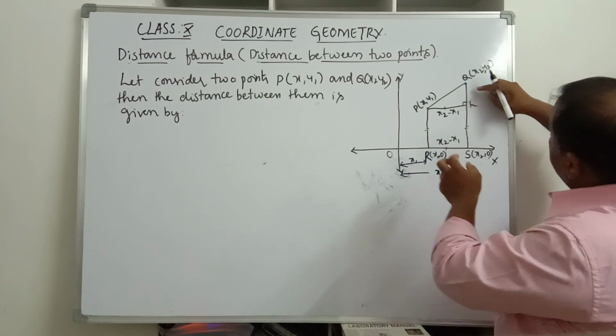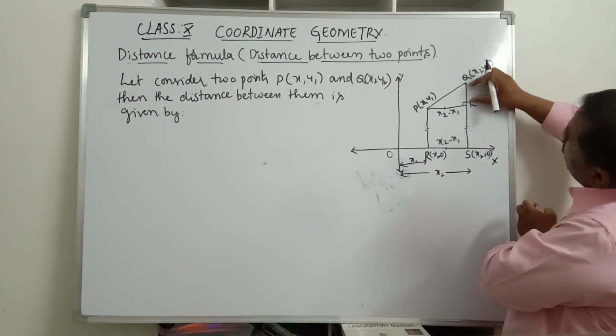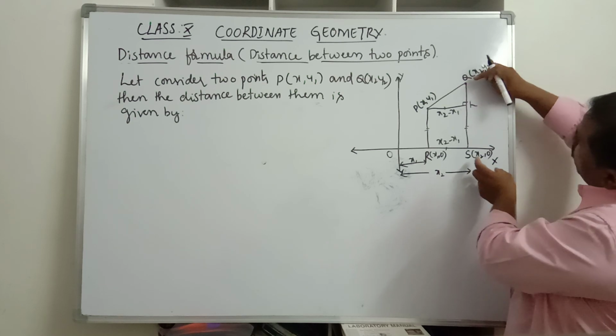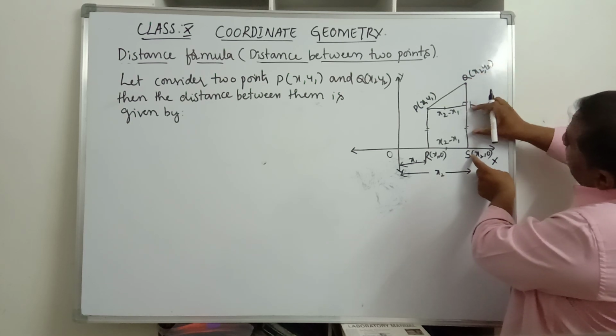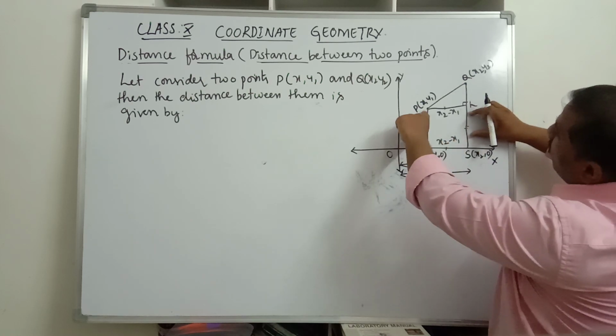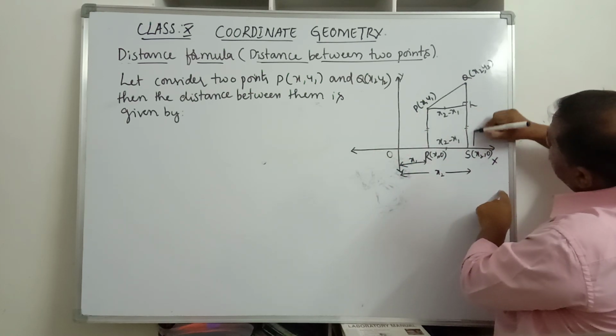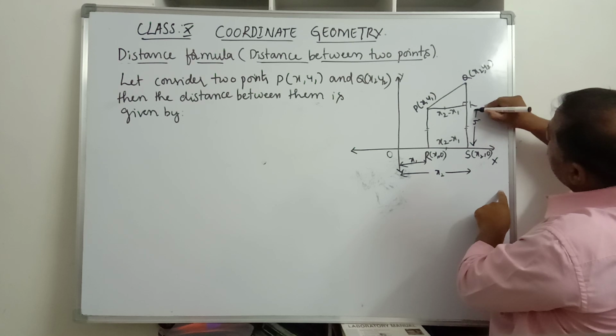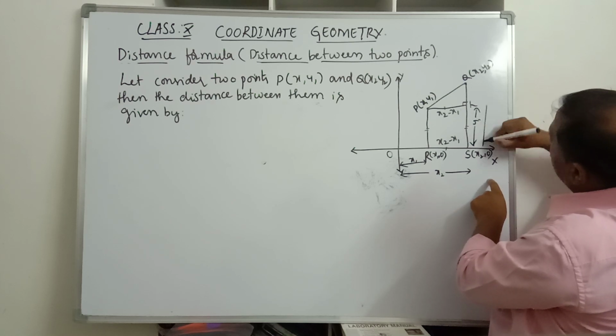Similarly, we wanted to find QT. QT, this length, is equal to QS minus TS. TS is y1, and QS is y2.